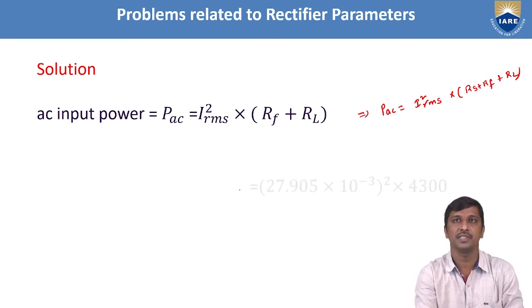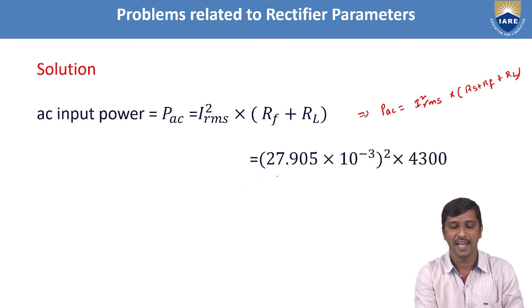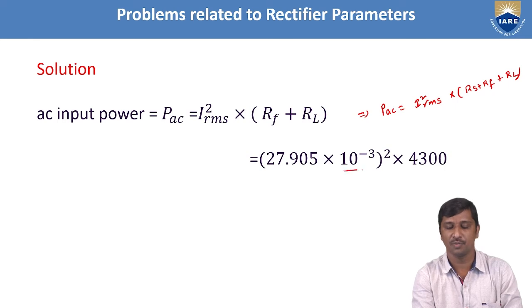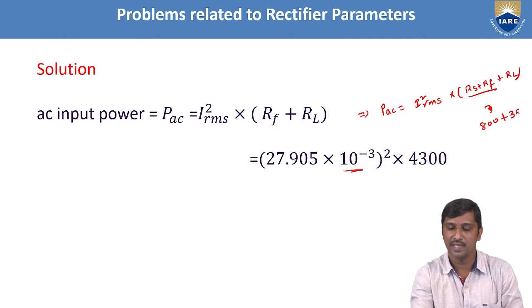Now we can substitute these values. The IRMS value is 27.905 milliamps, where milli means 10 to the power of minus 3, whole squared, into 3500 plus RS plus RF. Together they are given as 800, plus RL of 3500, so the total resistance is 4300 ohms.